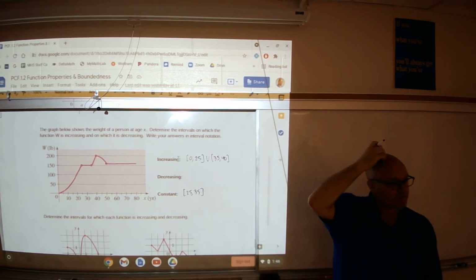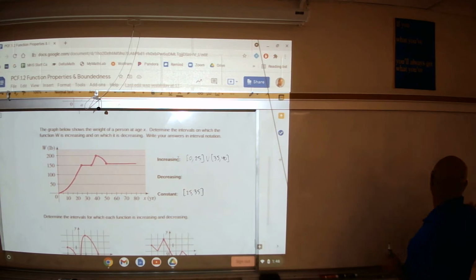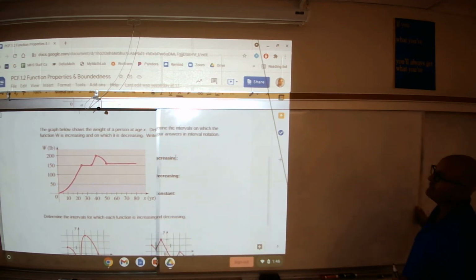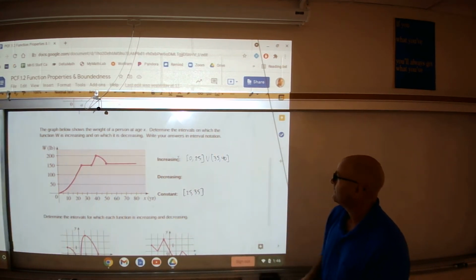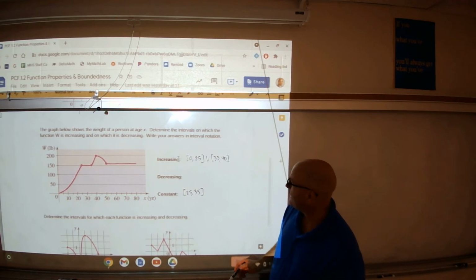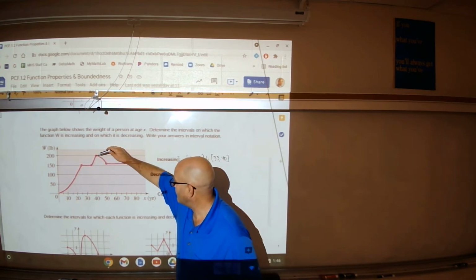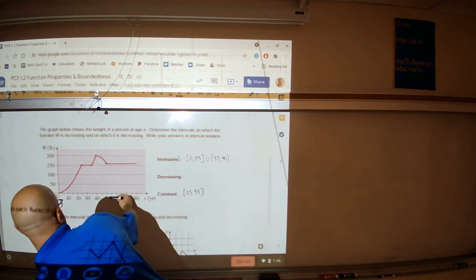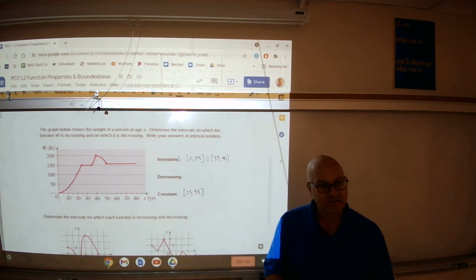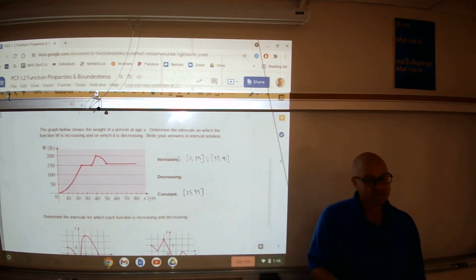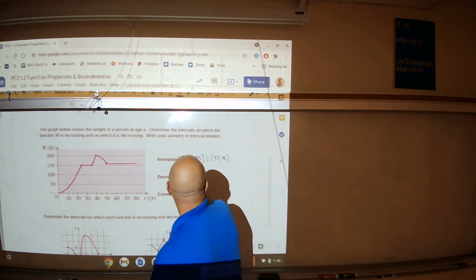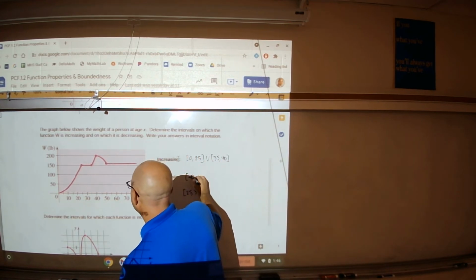Does that make sense there? We're still using our old union symbol. And then about age 40, it looks like someone went on a diet maybe. And until age 50, tend to lose weight, correct? So that would be decreasing from 40, what would we say, to 50?